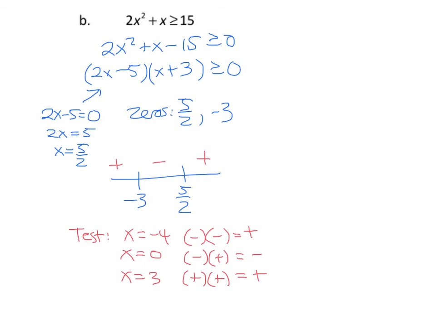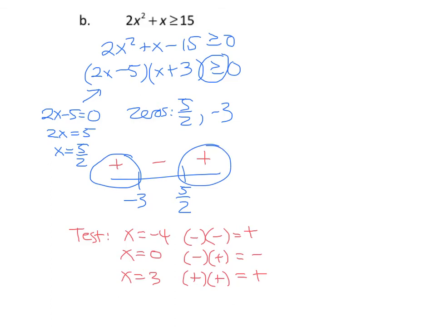So this time my symbol is greater than or equal to. So I want to know this time where the graph is up above the x-axis, or where it has positive y values. So I'm going to choose the two intervals where I got pluses.